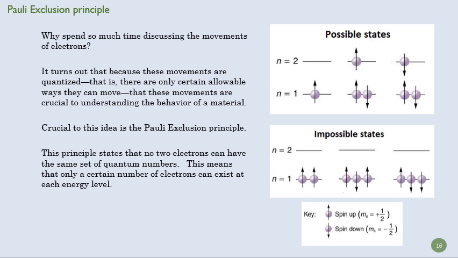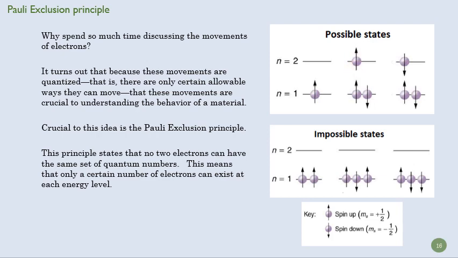So if we look at a really simple 3-electron model here, this is a possible state, right? Because you have an n of 1 here with an ms of half and negative half. And then you have at n of 2 an electron with an ms, or a spin, of plus 1/2.